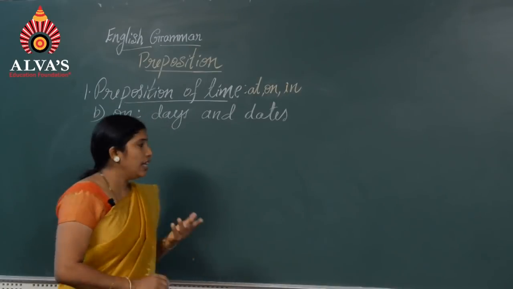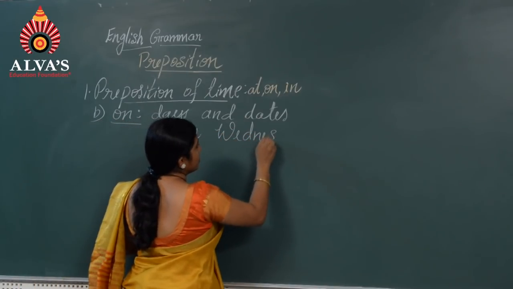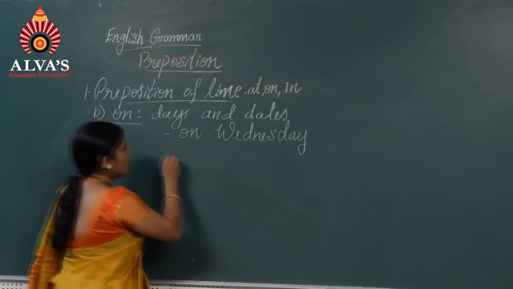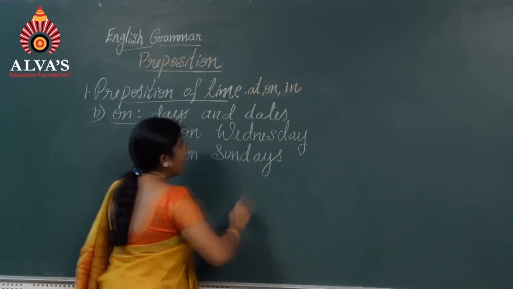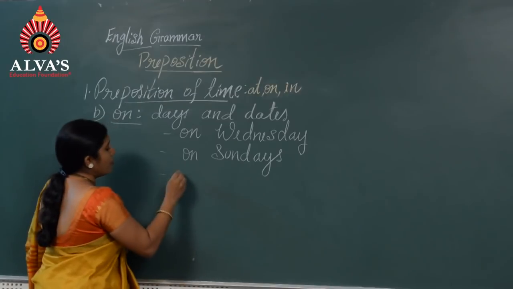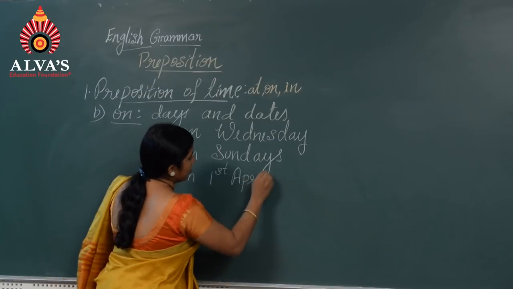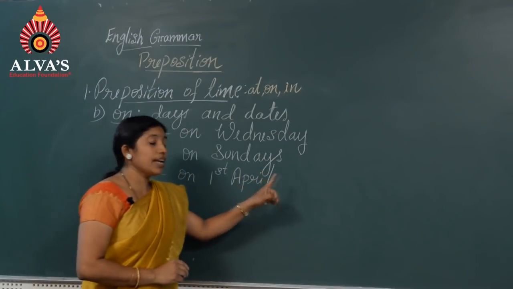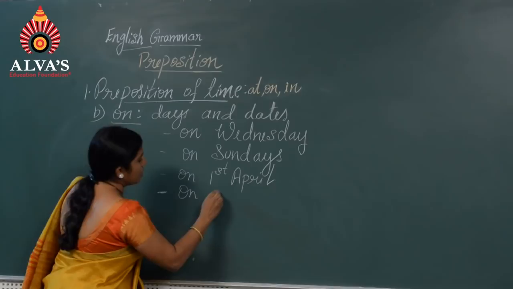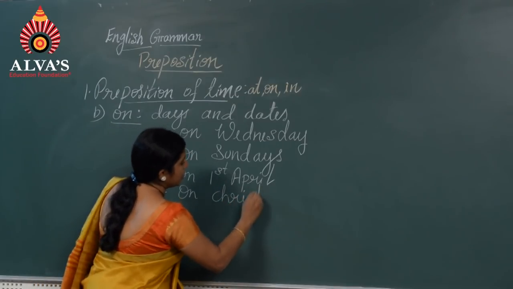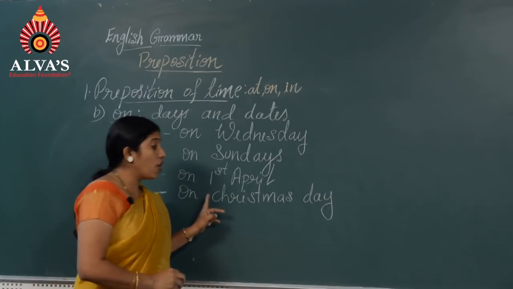When we refer days like on Monday, on Sunday, on Wednesday, on Sundays, and also for the dates on 1st April, or you can even say on April 1st, both are permitted, and on Christmas Day, on Christmas Day or on Deepavali Day.